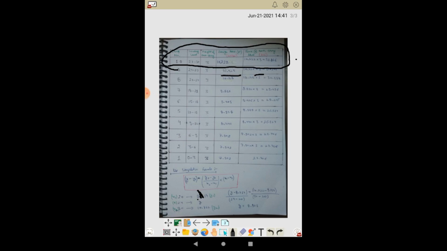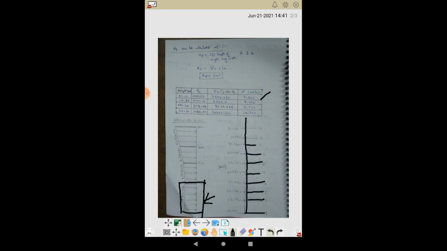So after finding these forces, okay, the values which you find for each story level, these are the forces for each story level. So with the help of this you can make a diagram. Here you can see that I have made it; for this you can just draw a simple line. Okay, and draw these story levels.